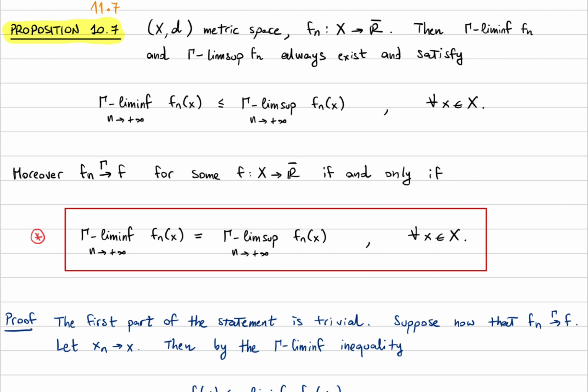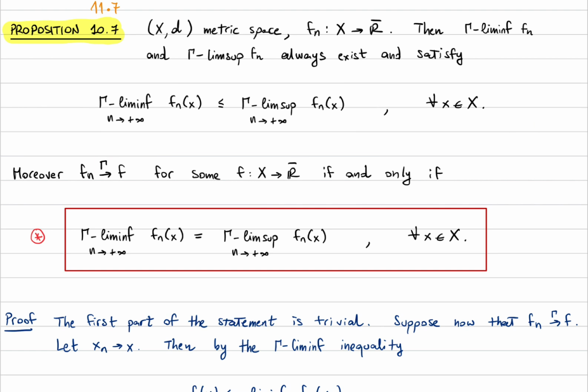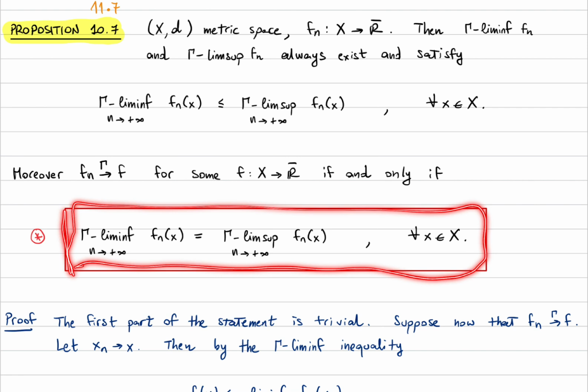So this inequality is always true, and whenever you're able to prove that these two are equal on the whole space X, then you can identify a gamma limit for your sequence. This is an if and only if: Fn gamma converges to something if and only if this equality holds for every point x in X.